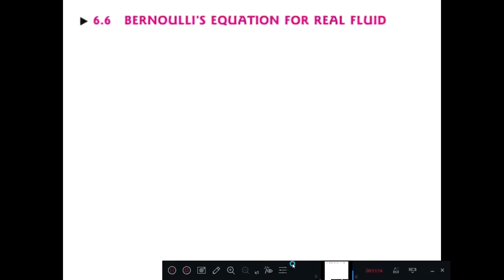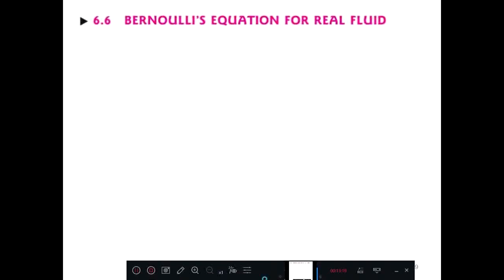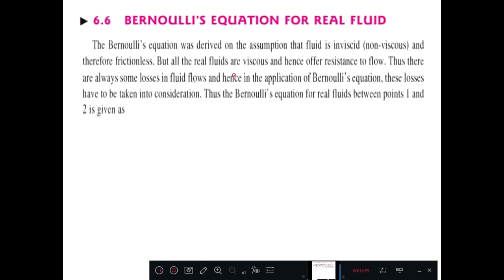Next, Bernoulli's equation for real fluid. The previous numerical problems we have solved were for ideal fluids. An ideal fluid is one which doesn't have any viscosity.